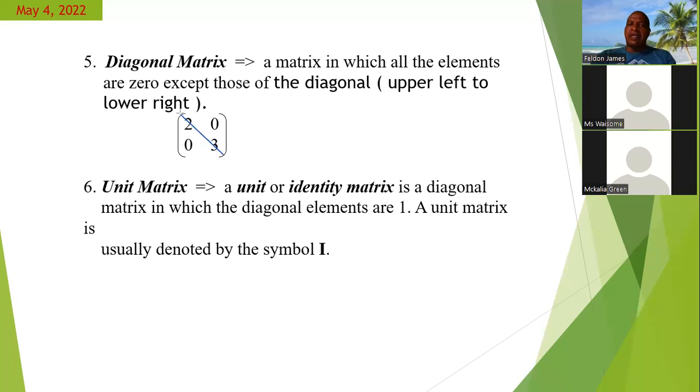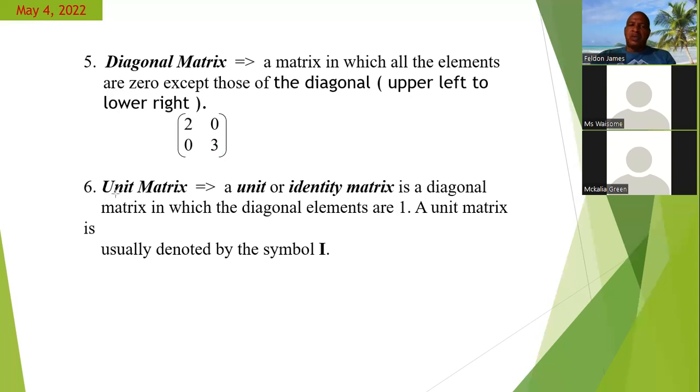Now the other elements apart from the diagonal, they are zero. And because these elements are zeros, and only the diagonal elements are non-zeros, then this matrix is called a diagonal matrix. All right, so as we know, the diagonal runs from upper left to lower right.